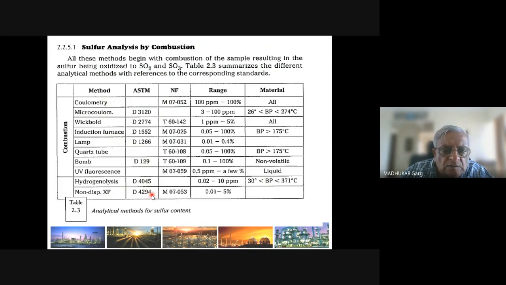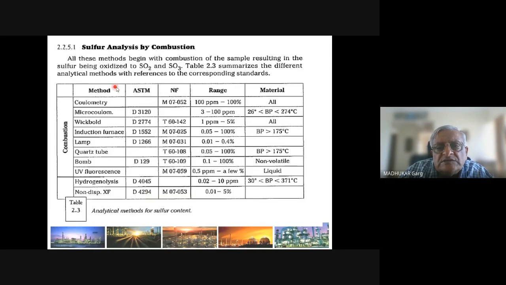Today all the sulfur analysis methods have gone through huge sophistication, because we are now measuring sulfur content down to 10 ppm level or even lower. So we need methods that can detect or estimate sulfur content as low as 10 ppm or lower very accurately.